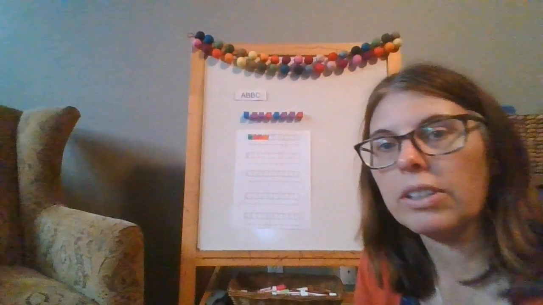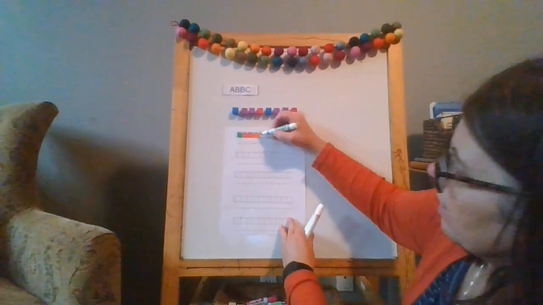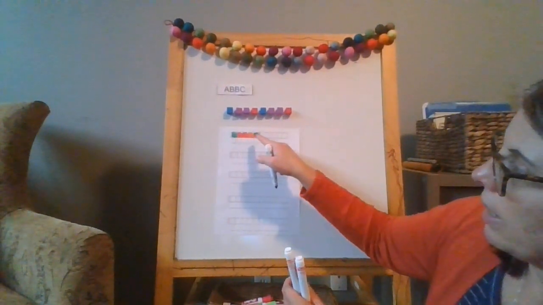So what color do I need? Let's see if I can get you even closer so you can see that. What color do I need next? Green. So A, B, B, C.